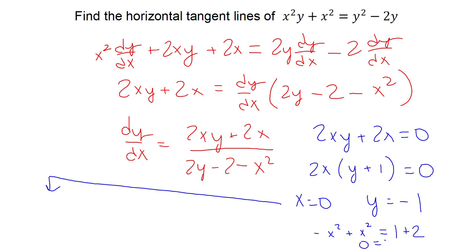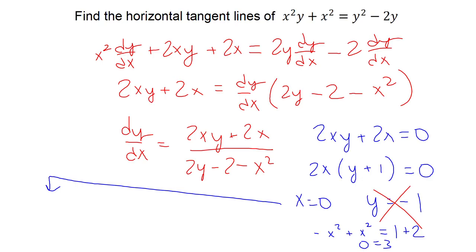We get 0 equals 3, which we know is not true, which tells us that y equals -1 doesn't actually have any solutions in our original equation. What's actually happening here is we have a horizontal asymptote of y equals -1 for this equation. But there's no points where y is equal to -1 on the graph, so y equals -1 is not a horizontal tangent line.